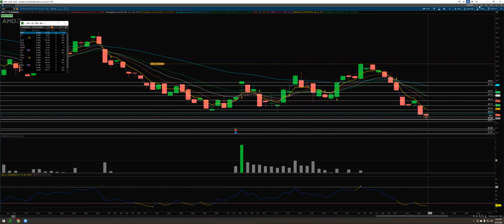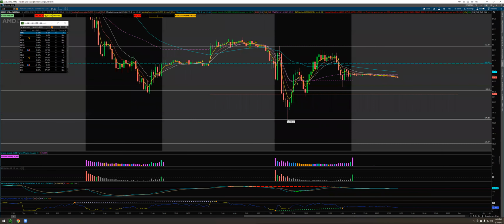And now we go to the 10 minutes and we look where the price is right now. The price is around 81.56. Okay, from that point, what are the nearest levels that I plot in the daily and the hourly? This one and this one, okay? Between those levels, where is the pivot? Where do I see a difference?